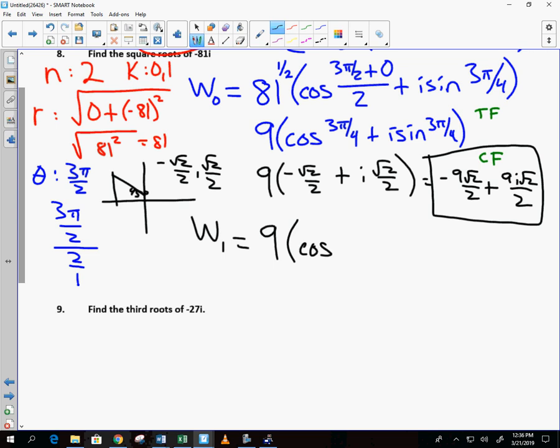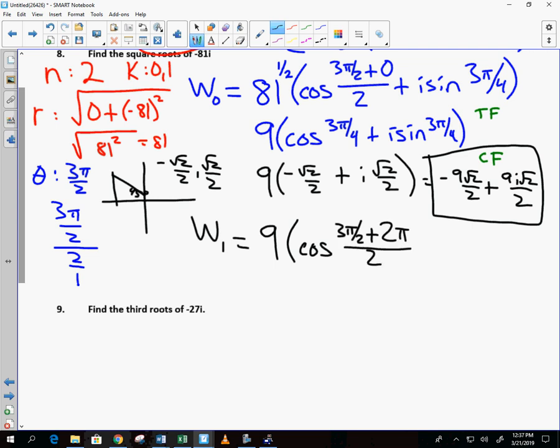Cosine of what's our angle? Not your new angle. 3 pi over 2 plus... Oh boy. K isn't 0 anymore, is it? K is 1. 2 pi all over 2.